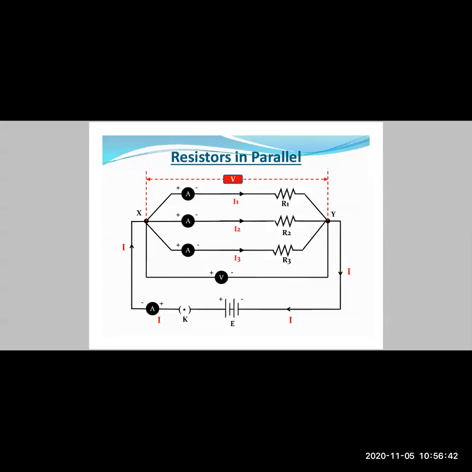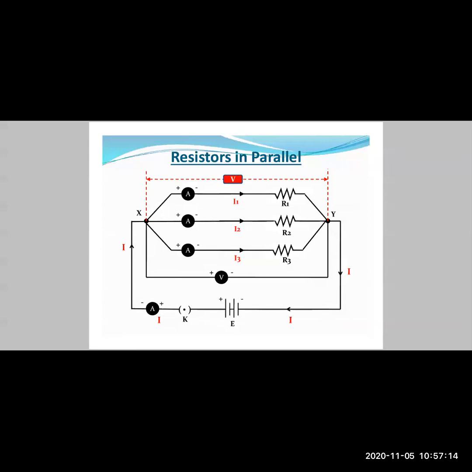Now, when the current flows from the battery through the key and the ammeter, it reaches point X. At point X, you can see that the conductor gets divided into 3 sections. That means the current also will get divided into those 3 sections. So when current flows from point X to point Y, it is divided into 3 distinct parts, and all of these 3 currents can be measured using the 3 ammeters.